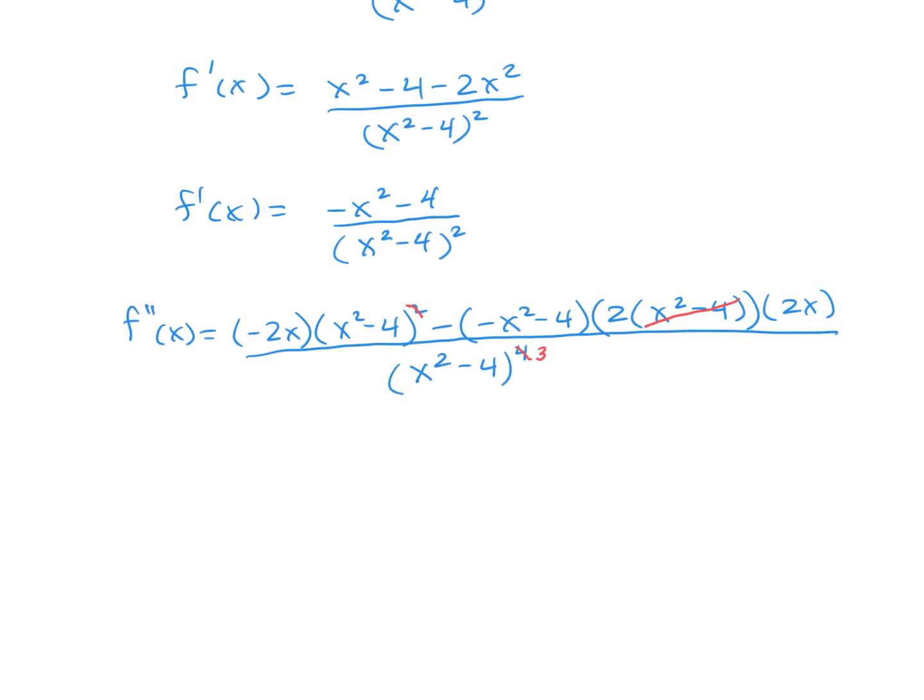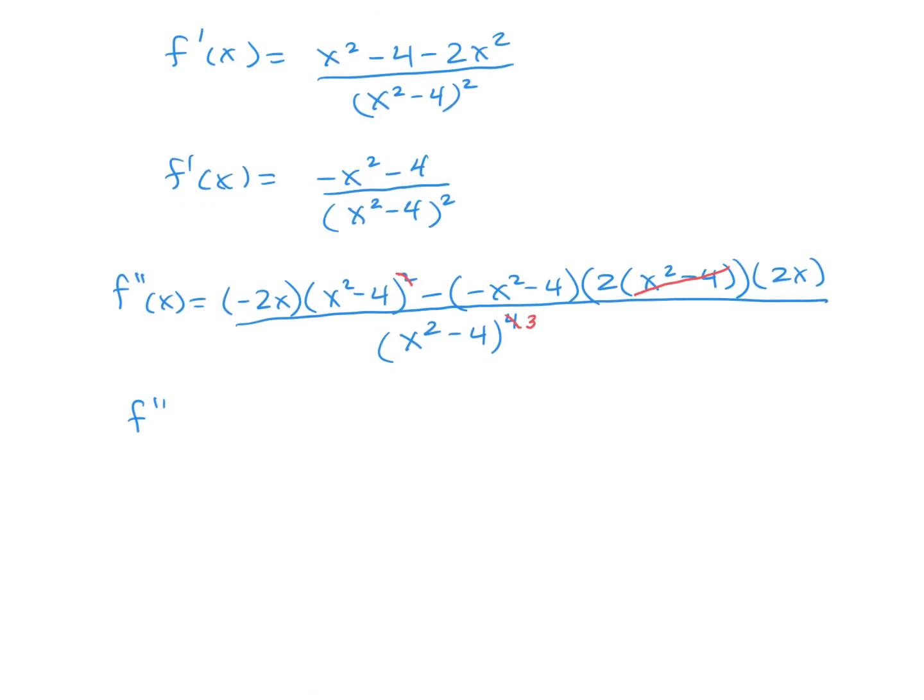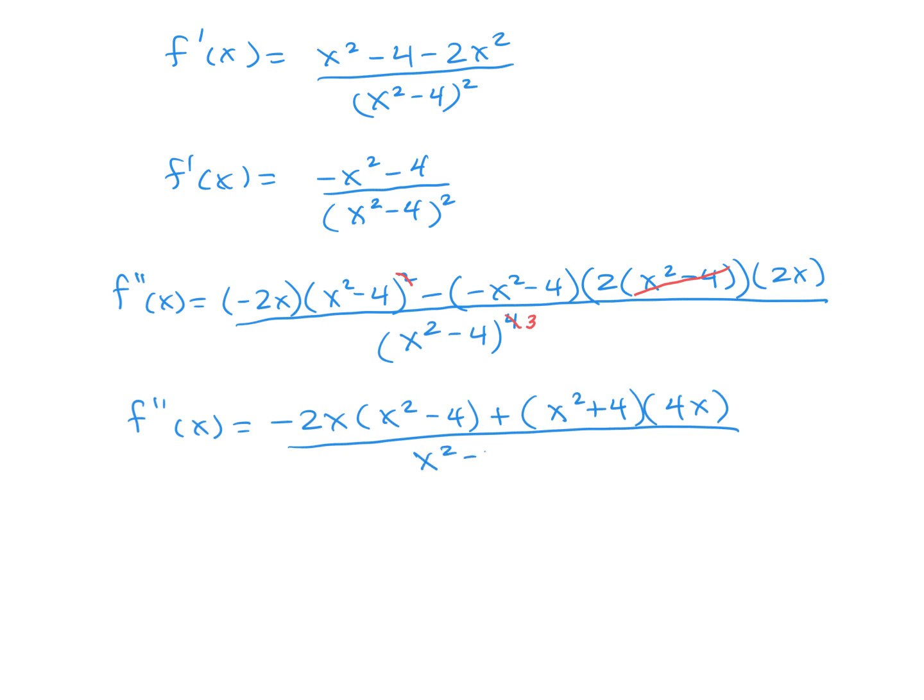So now cleaning this up, our second derivative is going to be negative 2x times x squared minus 4, and then we're going to have plus x squared plus 4, because I'm distributing that negative into that factor, times a 4x, all over x squared minus 4, now raised to the 3rd power.